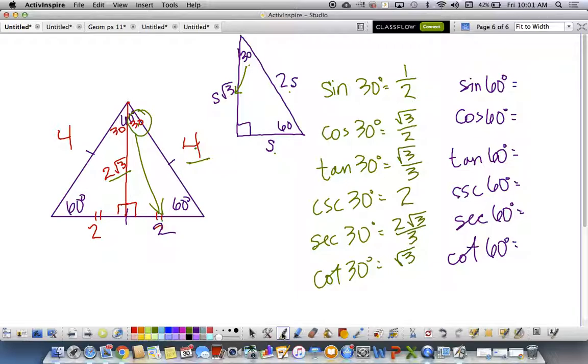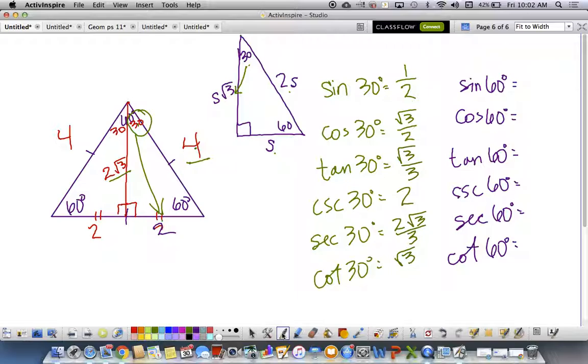How are 30 and 60 related to each other? They're complementary, and their co-functions are equal, the same.